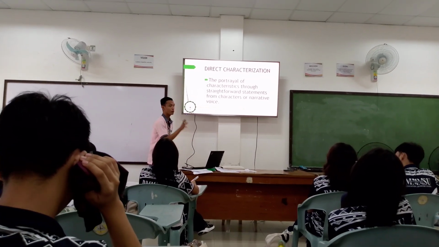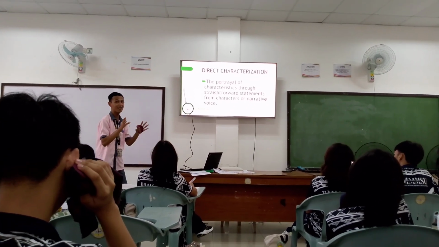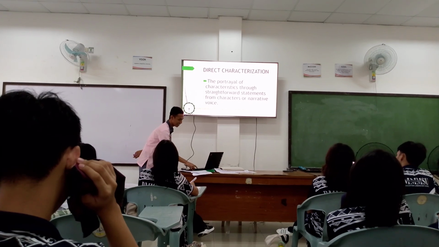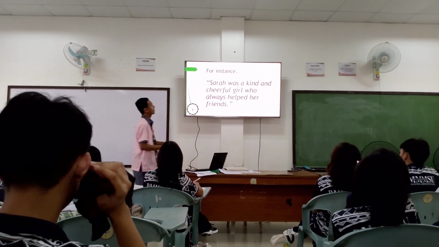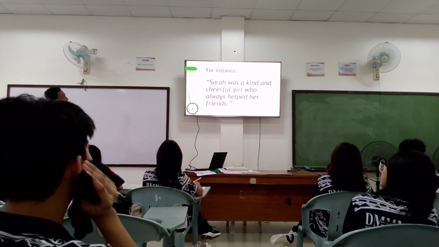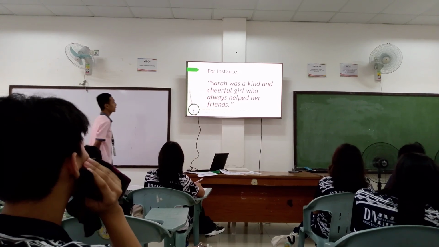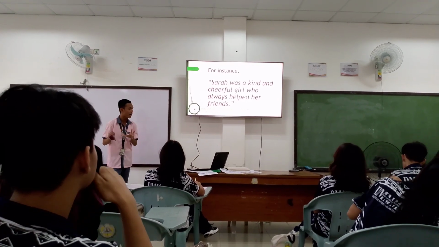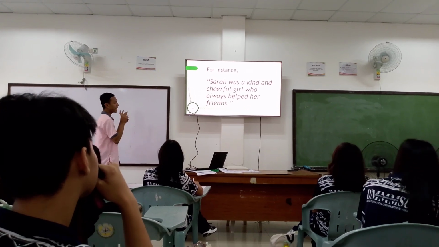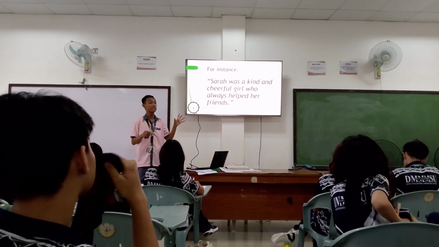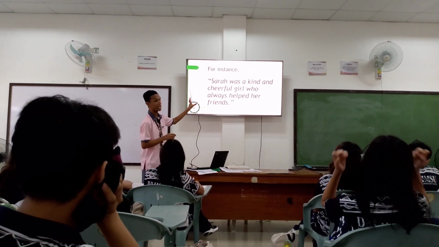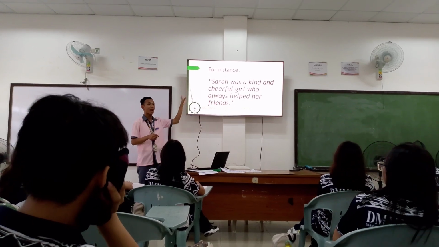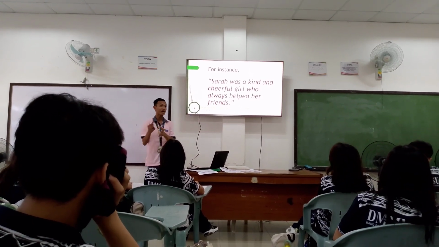Okay, so for you to be able to understand, let us see this example. For instance, Sarah was a kind and cheerful girl who always helped her friends. So in this sentence, the narrator directly states the qualities making her personality clear to the reader, which is kind and cheerful. That is why this is an example of direct characterization.